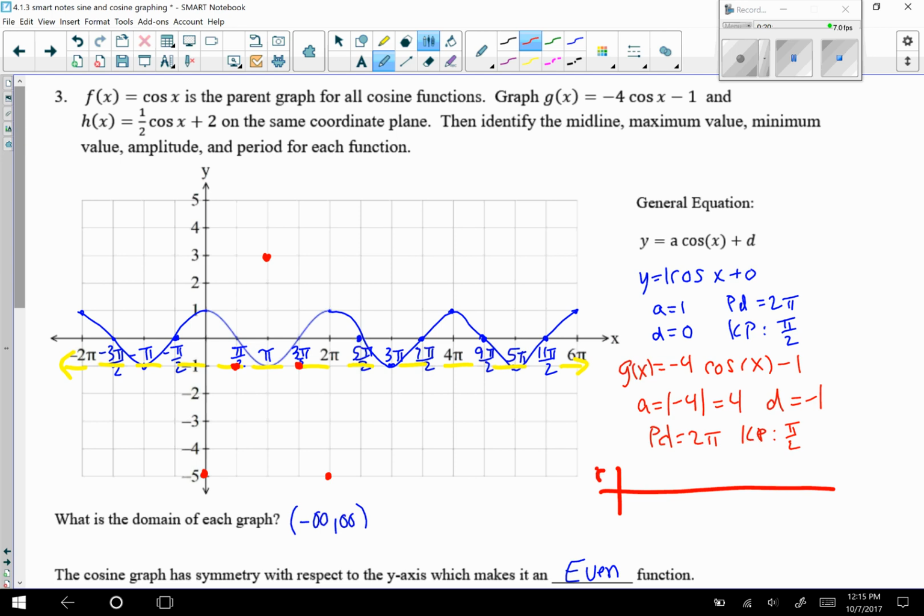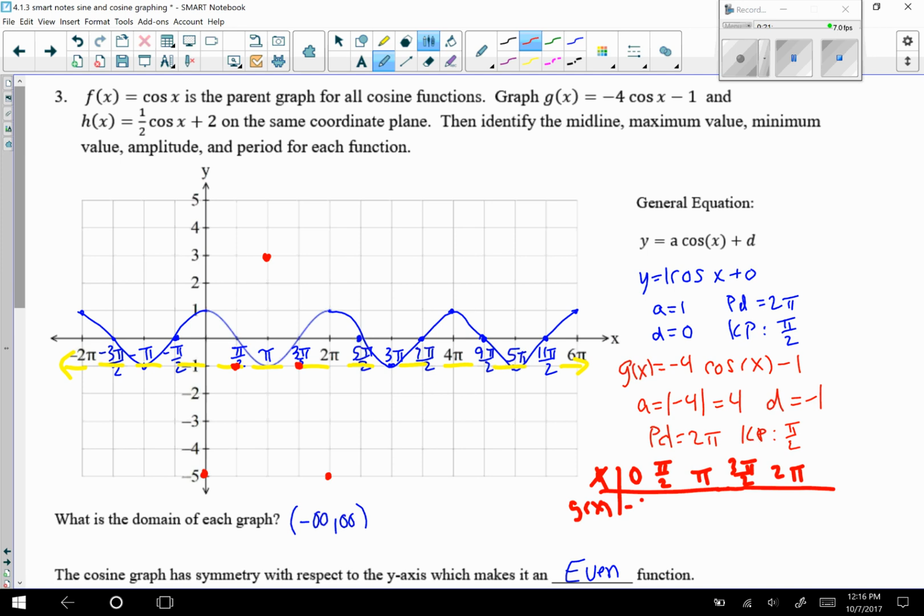Or if it helps, you can actually make a table. So if I make a table, these are your x values. So you can do all your key points: 0, pi over 2, pi, 3 pi over 2, 2 pi. So then for g of x, the cosine of 0 is 1. 1 times -4 is -4.